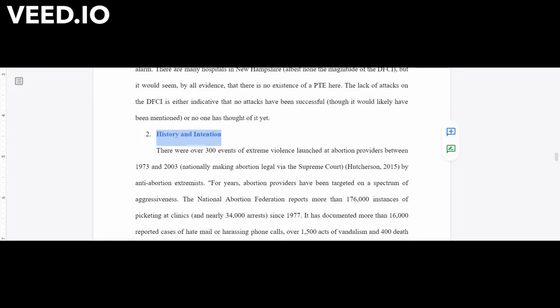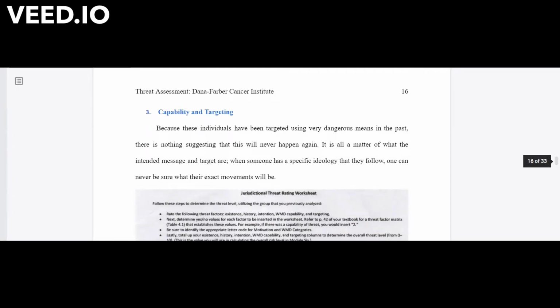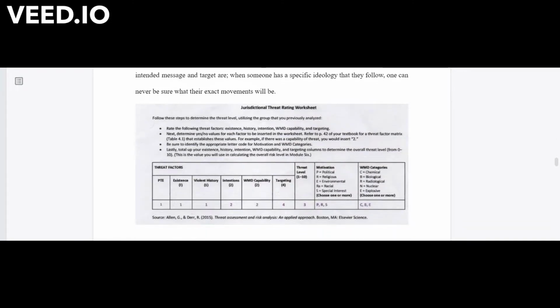Or in a nerdier way of saying it, that's where the predictive algorithms come from. So then we look at the past means that people have used to target them and attack.